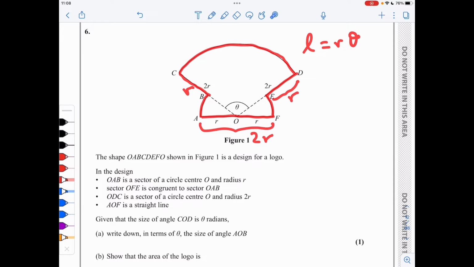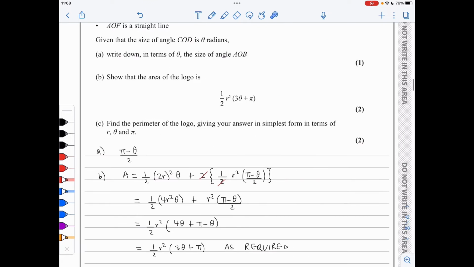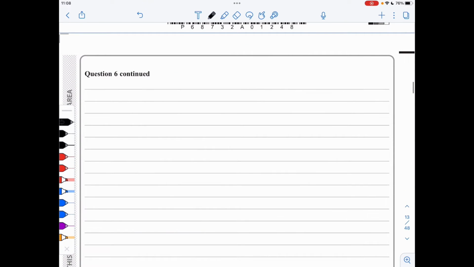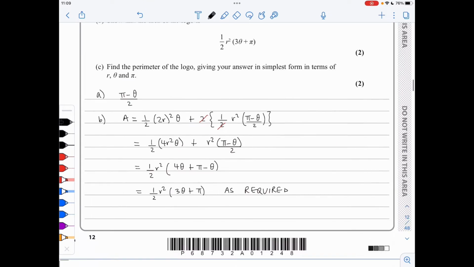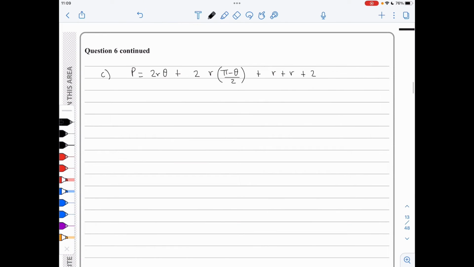So the total perimeter will simply be the length of the bigger arc, which has a radius of 2r and an angle of theta, plus twice the length of the smaller arc, which is r times (pi minus theta) over 2, plus the 2 straight line parts, which was r, and then the bottom horizontal part, which was 2r.